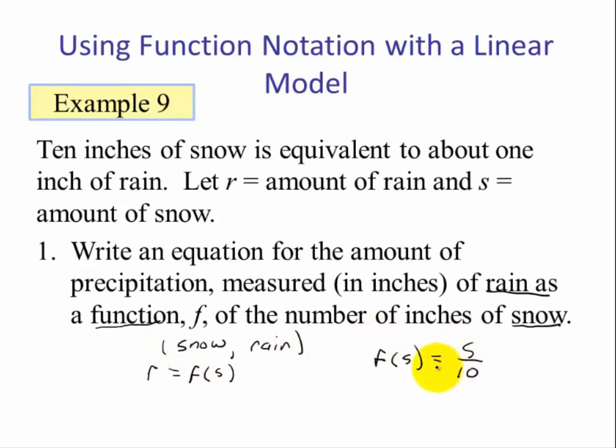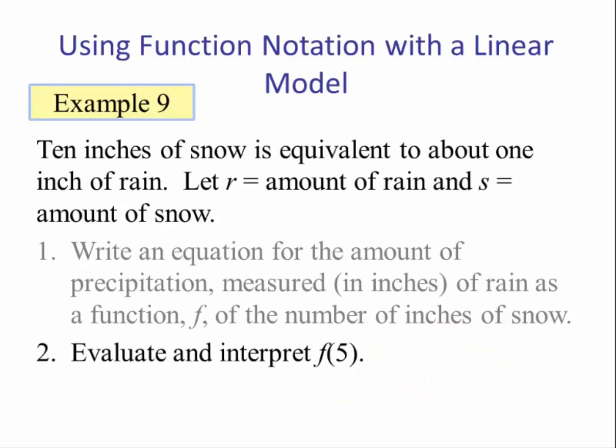So 10 divided by 10 is 1. So this is our equation. Number 2, evaluate and interpret f of 5. So when the amount of snow is 5 inches, we want to know how much rain there is.